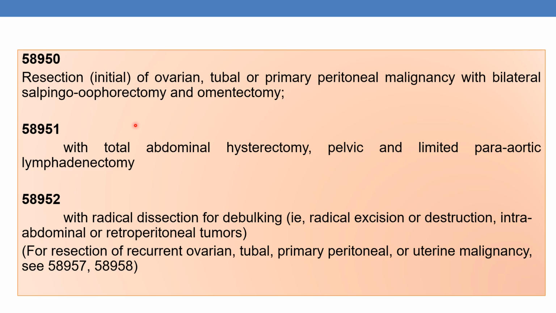Whenever resection is done with bilateral salpingectomy and oophorectomy and omentectomy, the CPT is 58950. When it is done with total abdominal hysterectomy, pelvic and limited para-aortic lymphadenectomy, the CPT is 58951. When it is done with radical dissection for debulking, the CPT is 58952.